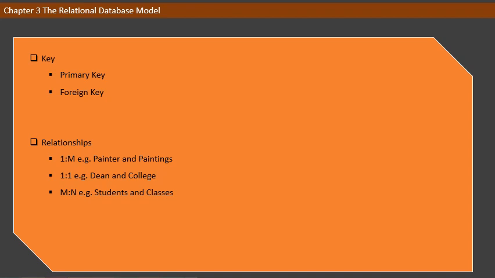Next up, we have relationships within relational databases. The relationships we have are one-to-many, one-to-one, and many-to-many, as you can see, the way they're noted. An example for one-to-many would be a painter and paintings.